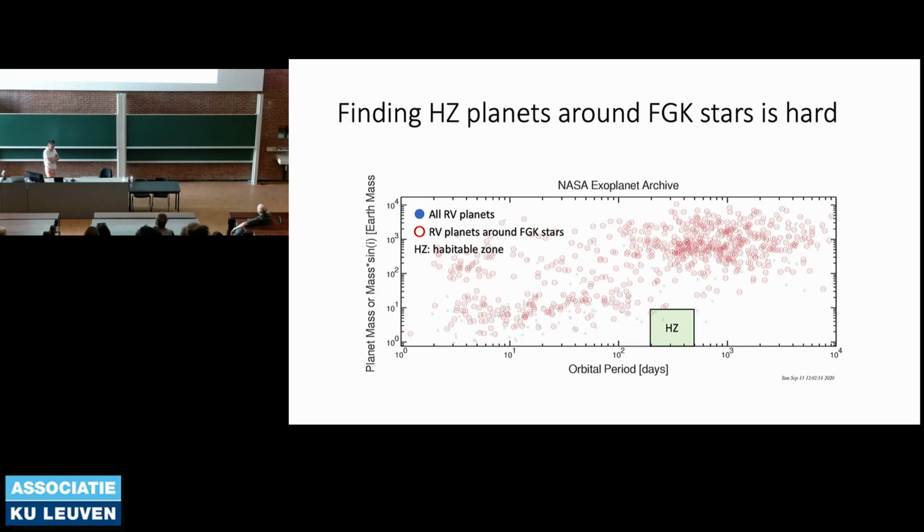What you can see is that with radial velocity on solar-type stars, we don't really have any planets in the habitable zone. And the answer is obvious: those habitable planets around solar-type stars, Earth as an example, take 365 days to orbit the star. And we don't have that baseline and also the sensitivity to detect a habitable planet around solar-type stars.